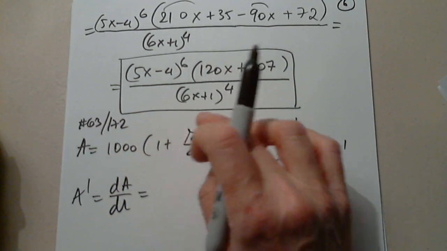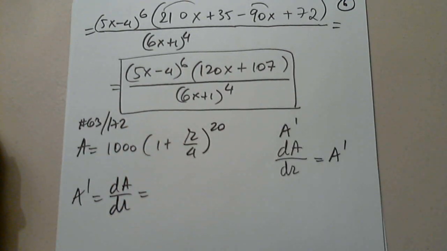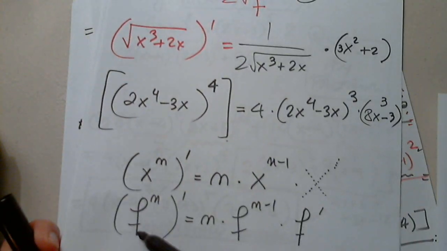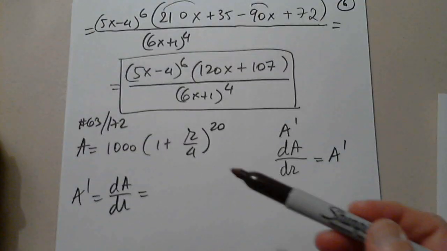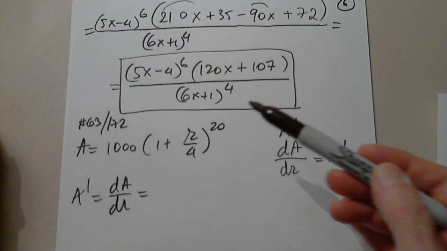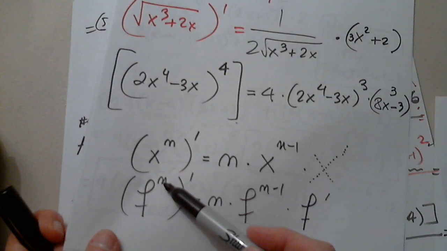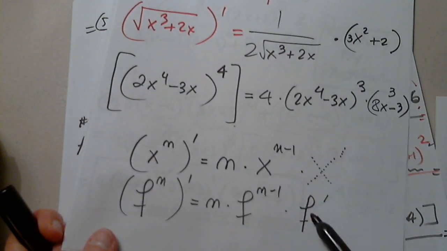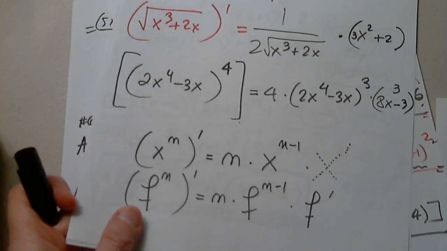This is a function raised to a power. So our formula is this. A function raised to a power. What function? This function raised to power 20. So 20 times the function to 19 times the inner function prime.